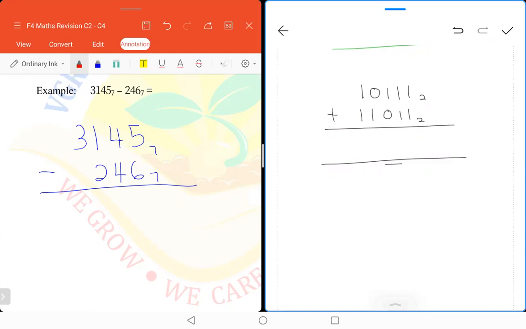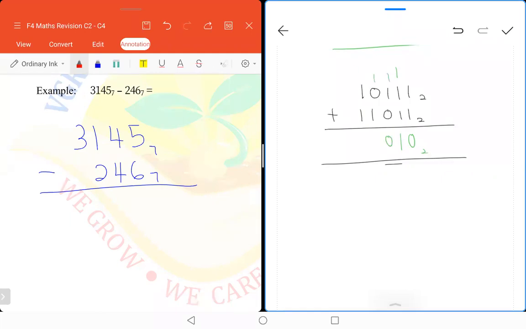Okay, so we have answers here. Let's try manually, yeah? 1 plus 1 is 10. 1 plus 1 plus 1 supposed to be 3, right? So it becomes 11. 1 plus 1, 2 again, so it becomes 10.